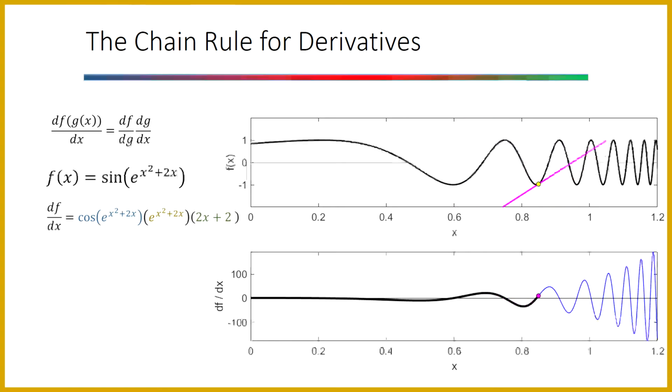You'll also note that although the amplitude of the function f of x never changes and is always between -1 and 1, the amplitude of the derivative grows substantially over time. This should not be surprising to you, since the equation that we wrote for the derivative multiplies the cosine function by an exponent.